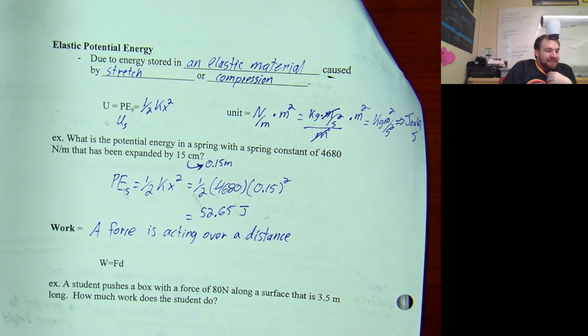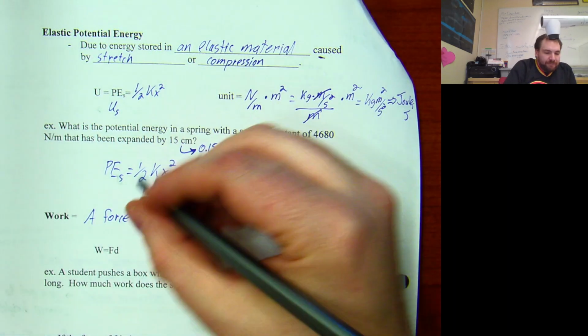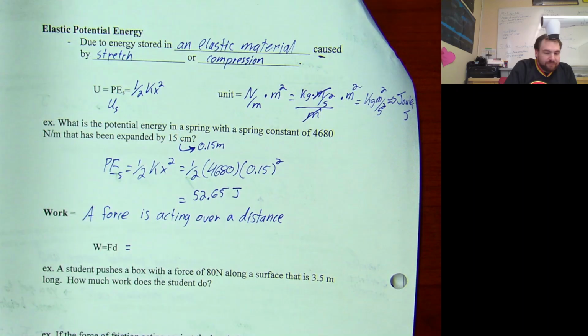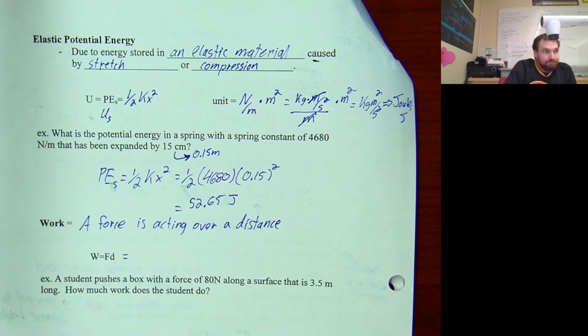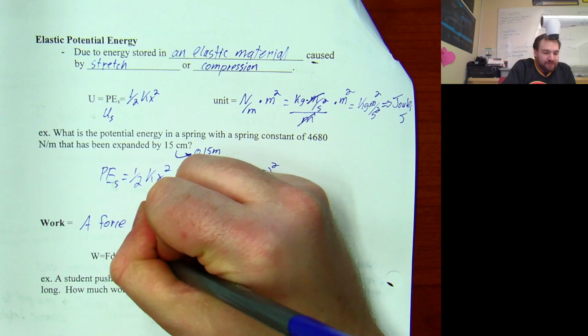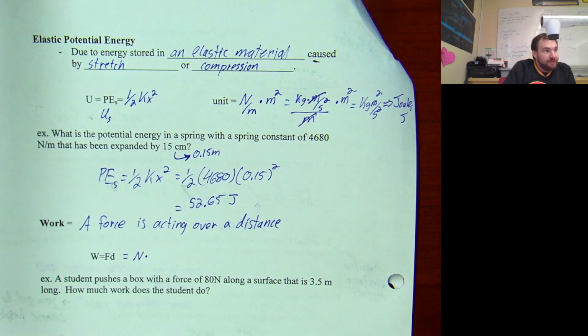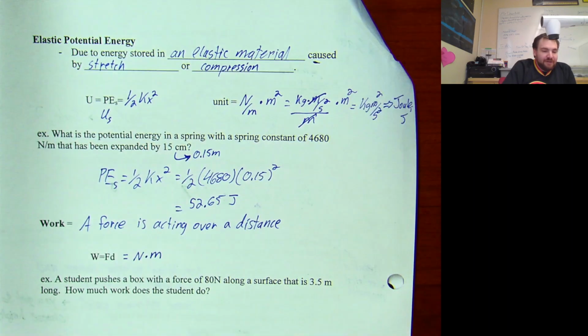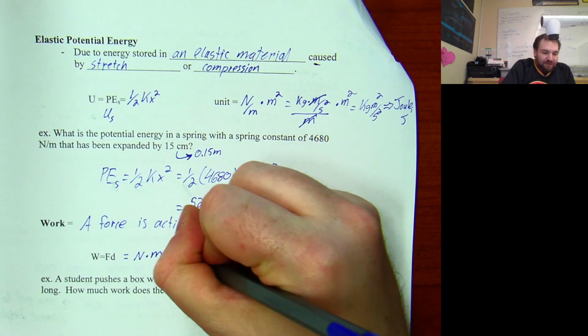Work is a force times a distance. So what are the units of work? Joules. It's going to be force in newtons times meters. But look at this really interesting result.